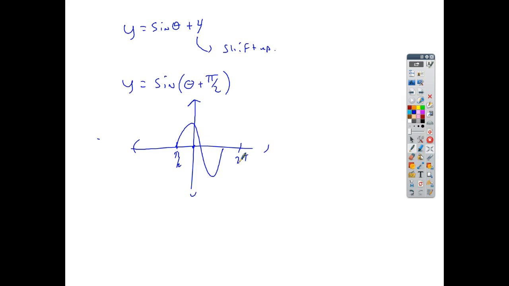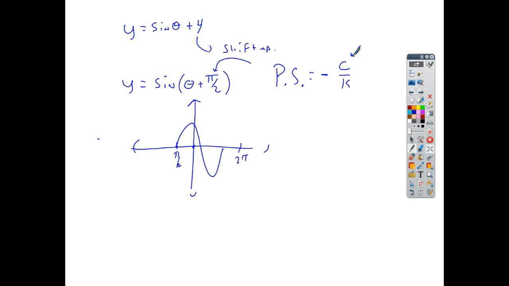The phase shift formula looks like this. Phase shift is equal to negative C over K. Okay, I'm going to explain in a moment. Write that down. Negative C over K. This number right here is my C, right?